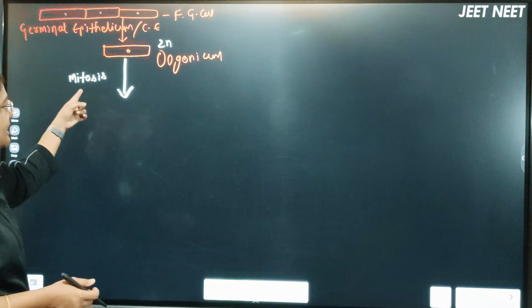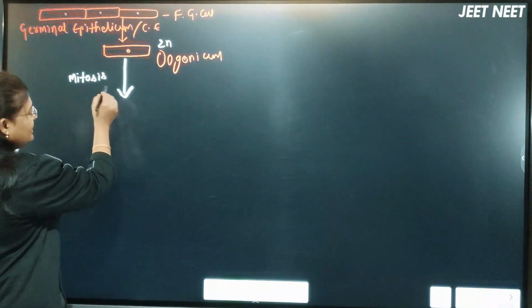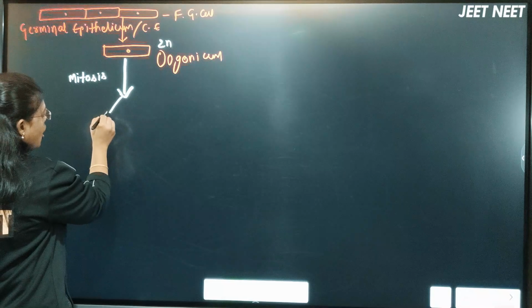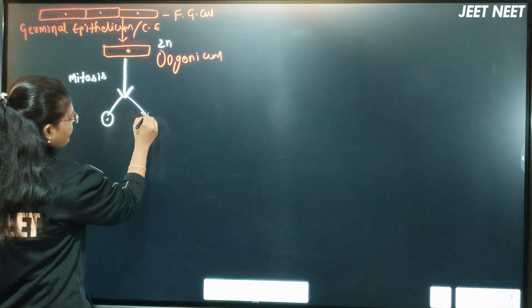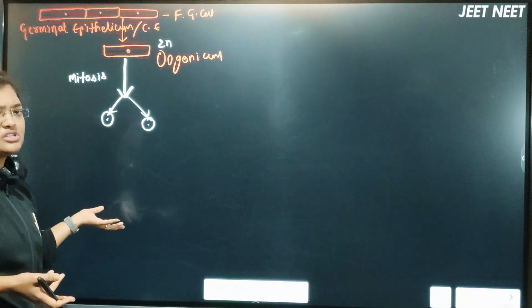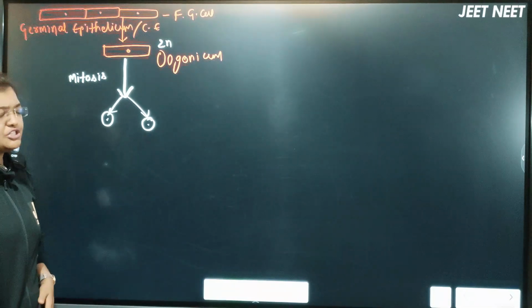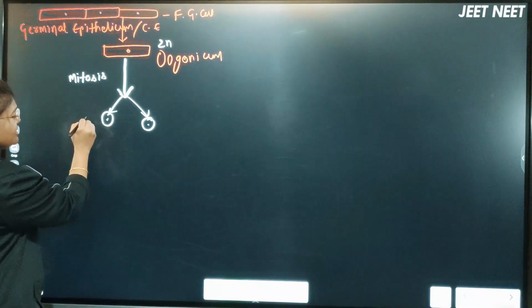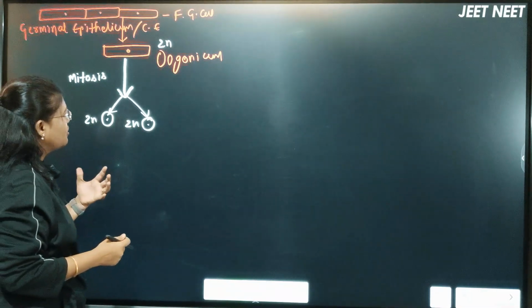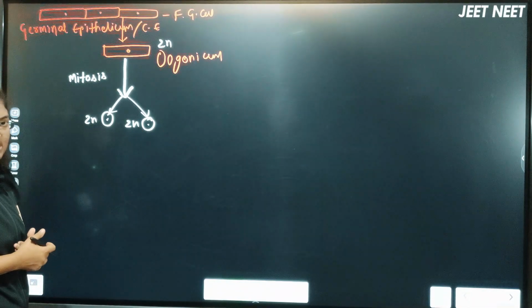That is mitosis. Whenever the oogonium undergoes mitosis, how many cells will it produce? It will produce 2 cells. Ma'am, generally mitosis produces 2 cells, isn't it? And the 2 cells will be in which condition? 2n condition, because we know mitosis is an equal division.